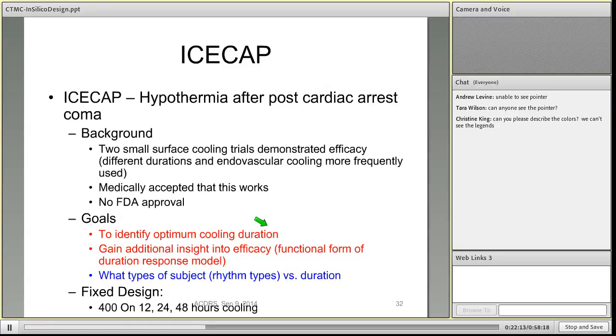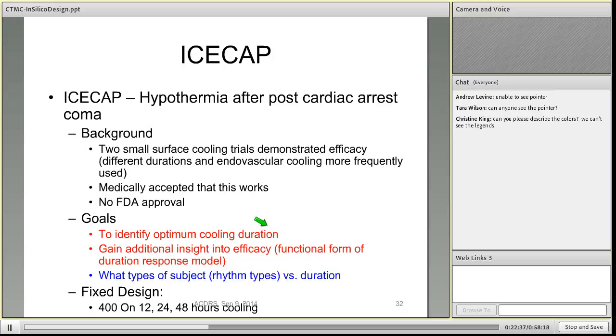And the biggest question for the team was the duration of cooling. So the original design was, let's put 400 patients on 12 hours, 24 hours, and 48 hours of cooling, 400 patients on each, and then we'll figure out what is the optimal duration of cooling.